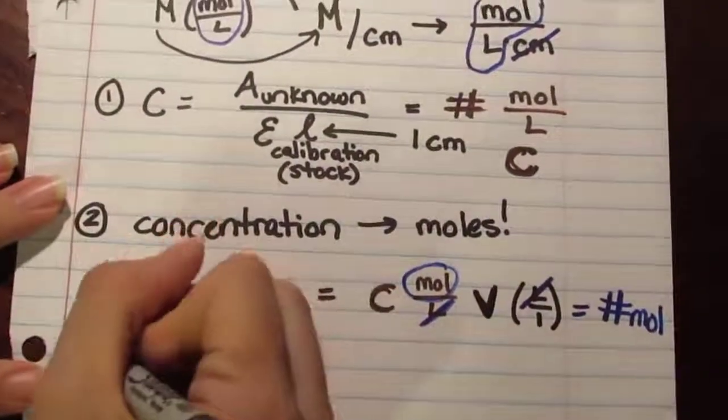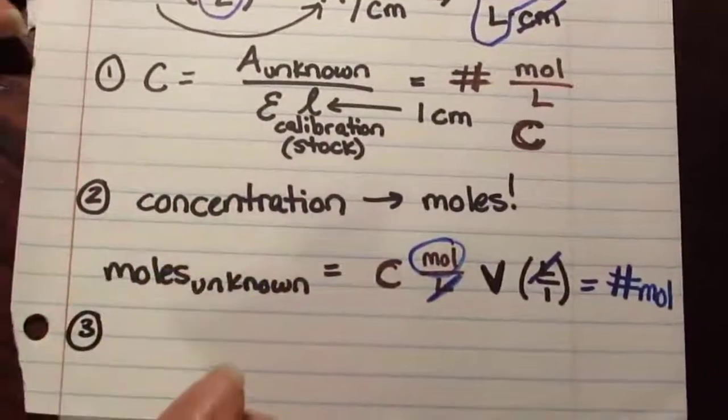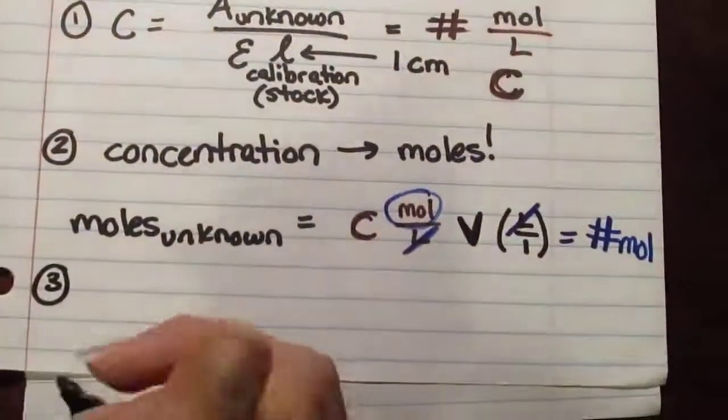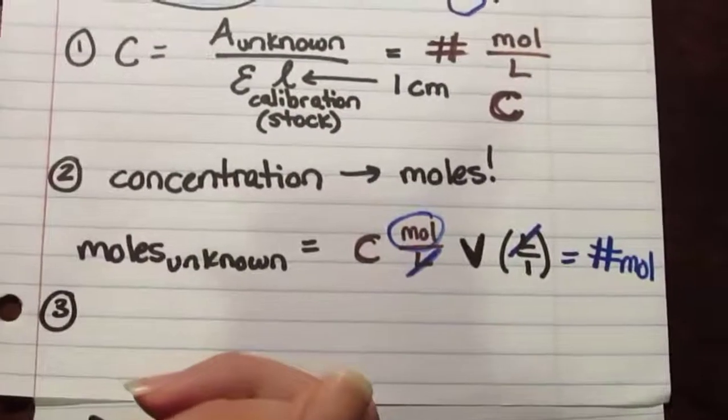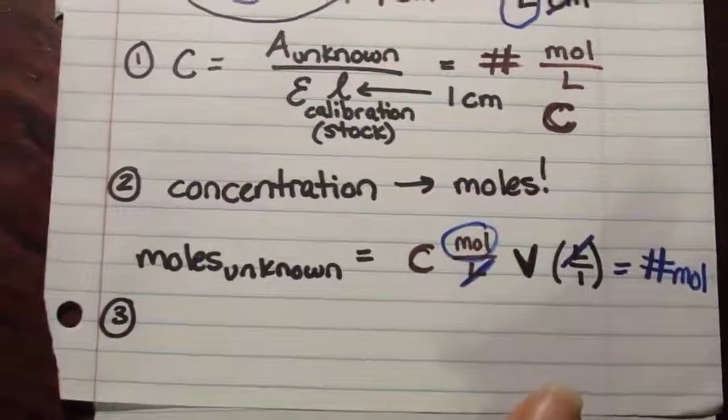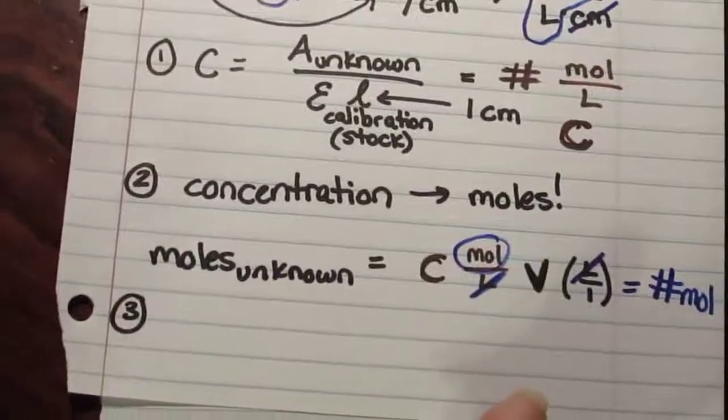All right, great. Now how do we go from moles to grams, right? Again, fulfilling our goal. Well, if we want to know grams, the easiest way to do that would be to use the molar mass, and that would be in grams per mole. That should have been on the stock bottle.